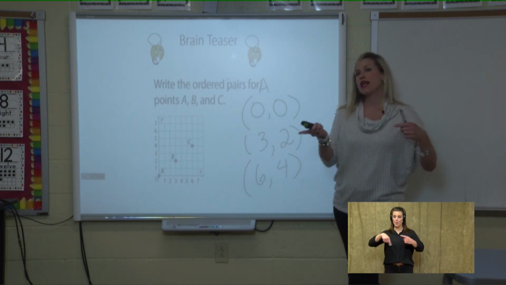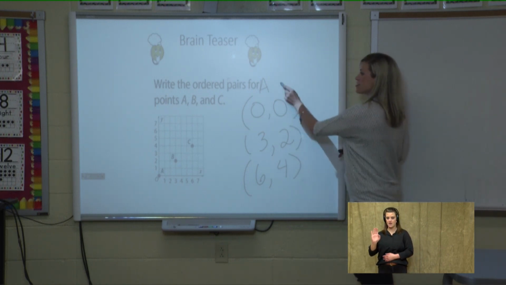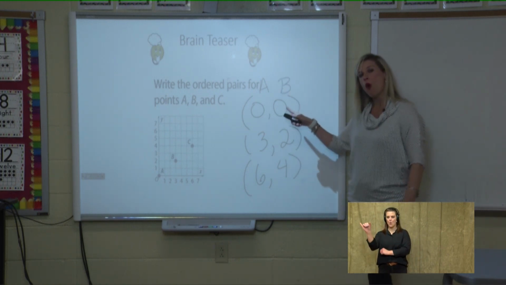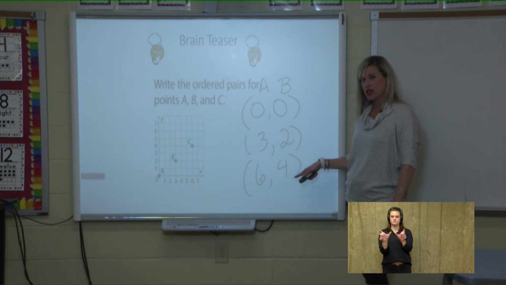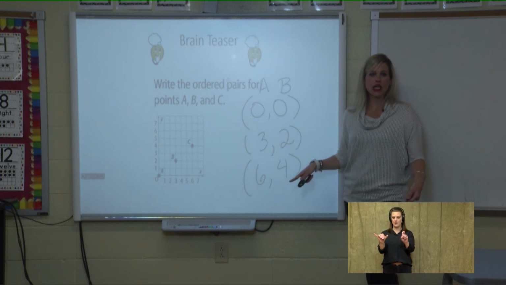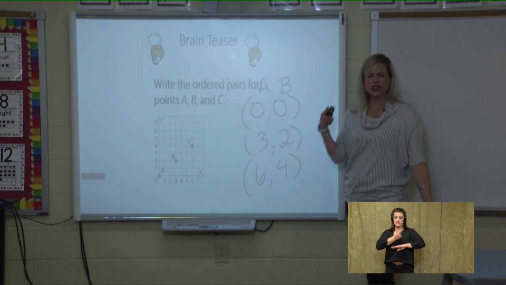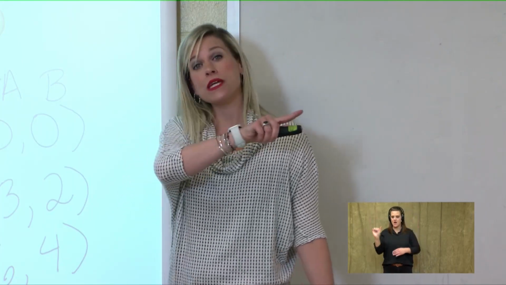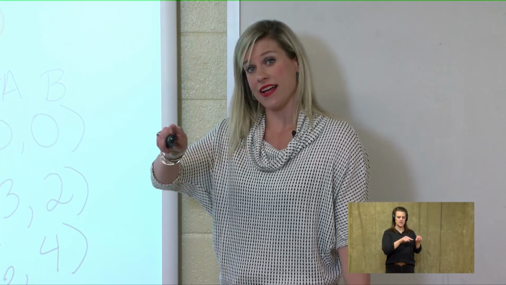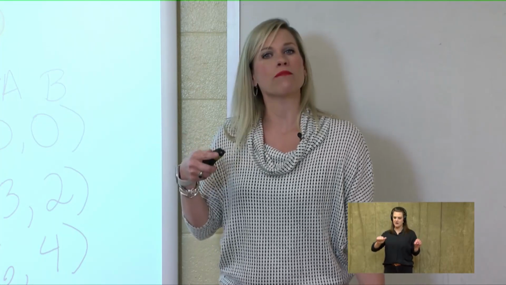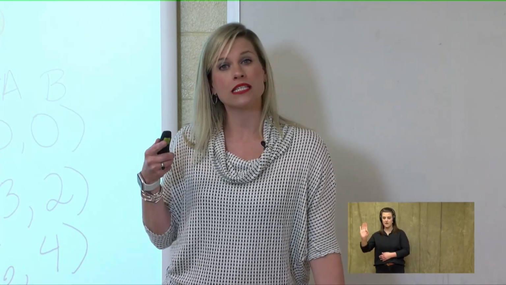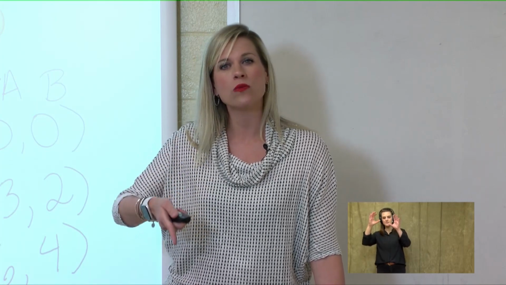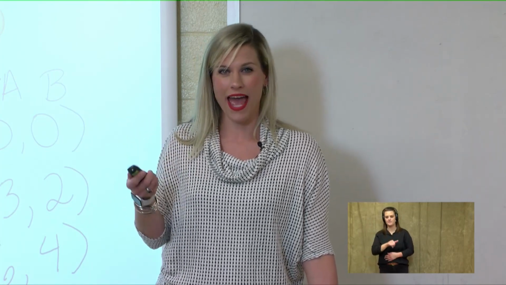When we look at pattern B, that is going to be our y-axis. So if I say look at pattern A, I want you to visualize what it would look like along the x-axis. And if I say look at pattern B, visualize what that would look like along the y-axis.